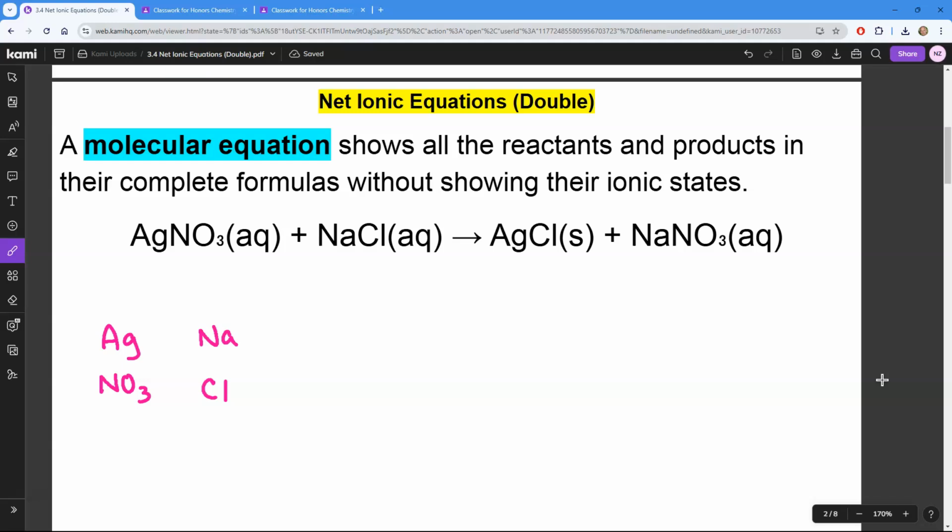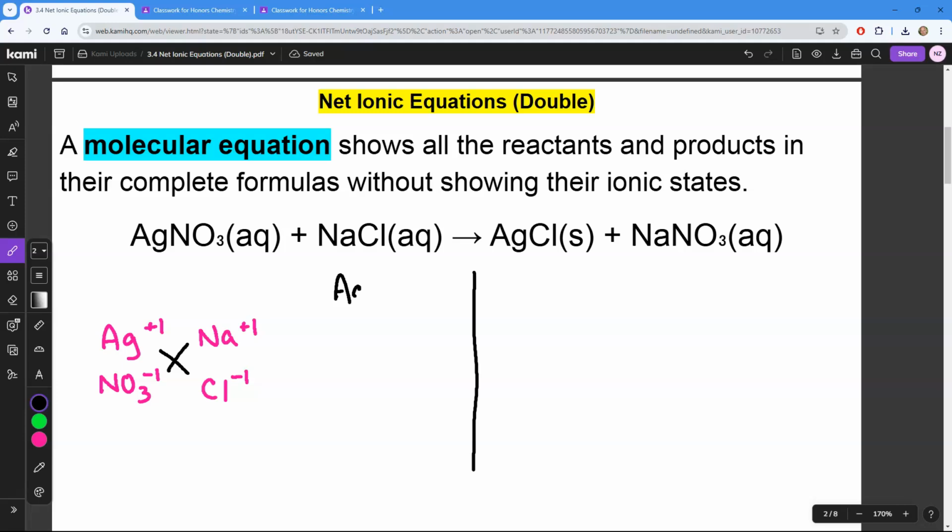I would go through and I would include all of the charges. Since this is a double replacement reaction, I'm going to draw my X. So silver will go with chlorine, sodium will go with nitrate. I would write out the right side of my reaction, and then our last step would be to balance it.